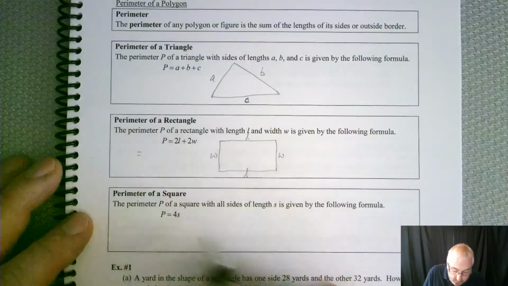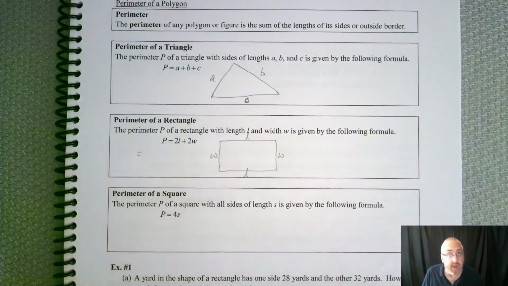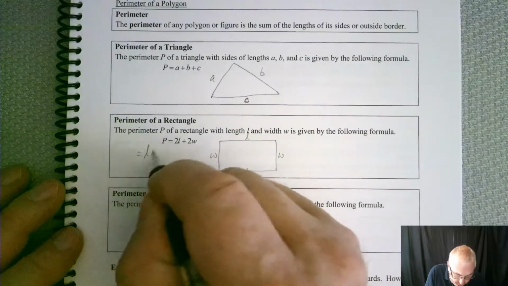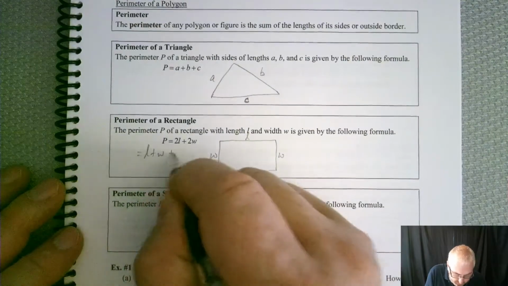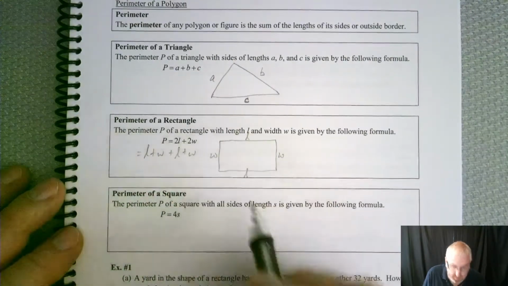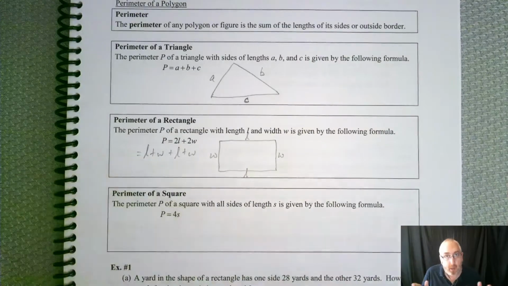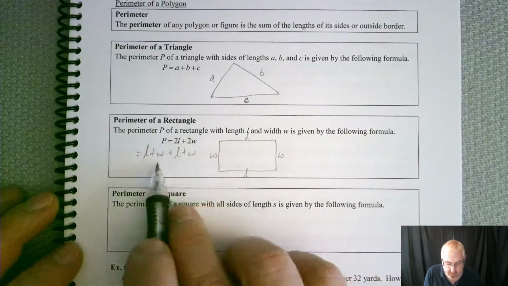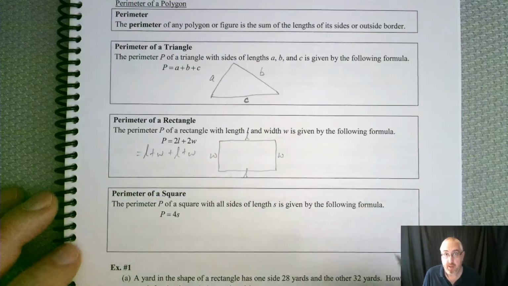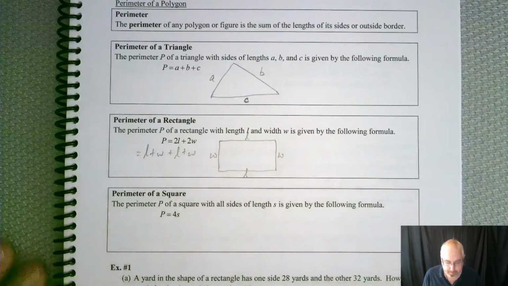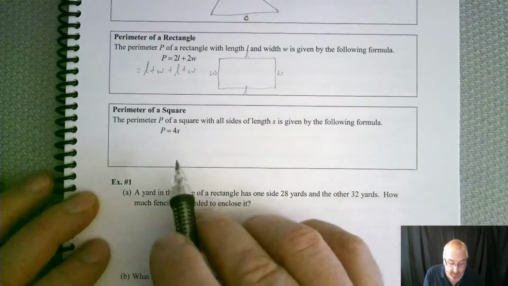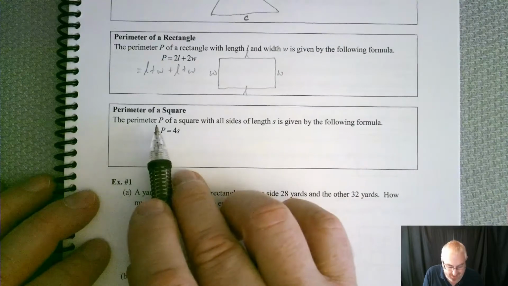If we wanted to not even use a formula, we can just go around the border: length plus width plus length plus width. But it's going to be a lot more compact if we can batch stuff together. So we can batch together the two L's, we can batch together the two W's, and so we get the shorter formula from that.